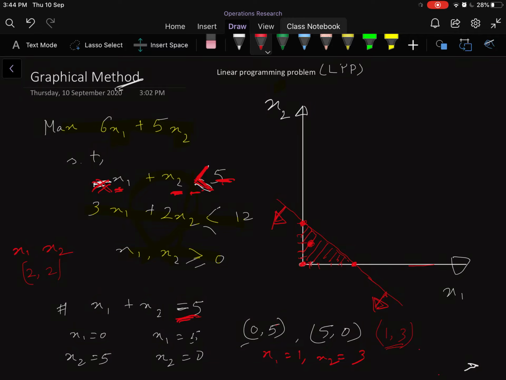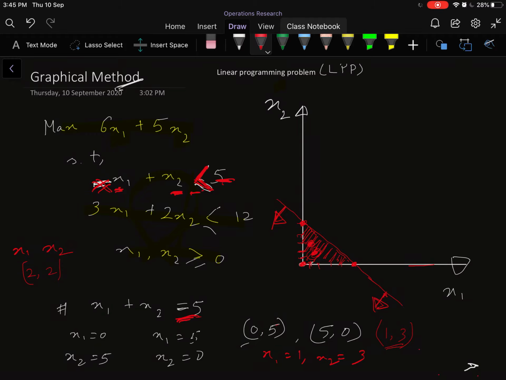We have 1 2, then 1 2. So this point is also satisfying this less than condition, and it is lying on this side of the line. That's why we will be considering this region of the quadrant, or of the coordinate space.